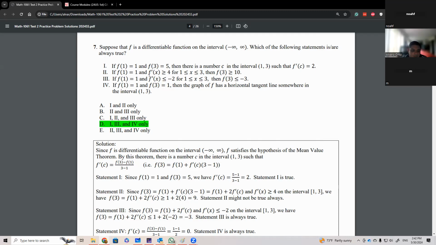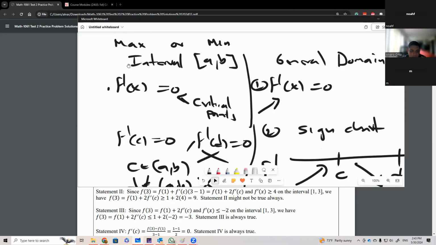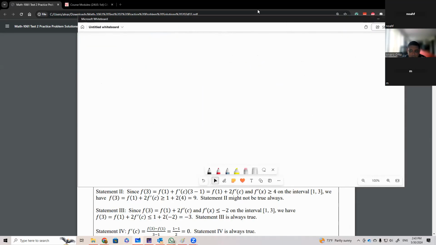The other statement here is 3, which says if f of 1 is 1 and f prime of x is less than 2 for x between 1 and 3, then f of 3 is less than 3. Let's look at the board to see how we go about it.